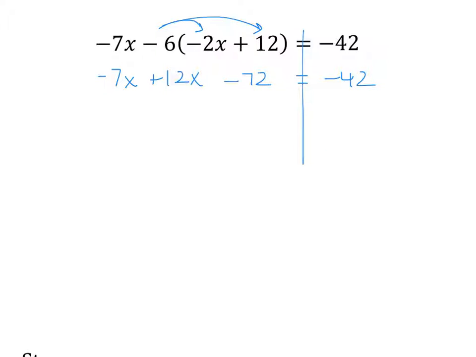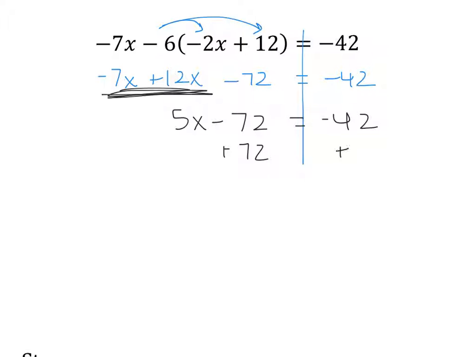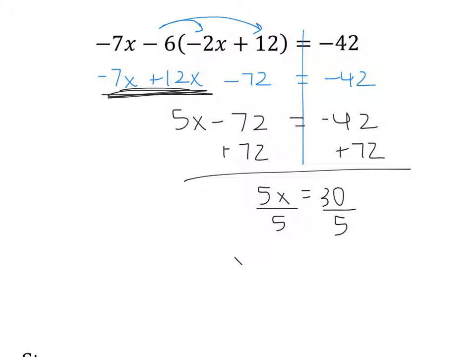So I do see a couple like terms here. I see a negative 7x plus a 12x. So if I put those two together, negative 7 plus 12 is 5x minus 72 equals negative 42. Isolate my variable x, and I'll add 72 to both sides. And negative 42 plus 72 is 30. So then last step is to divide, and we get x equals 6.